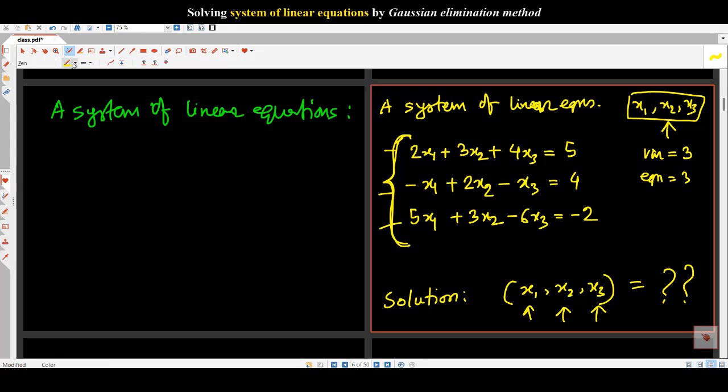You can see that here 2, 3, 4, minus 1, 2, minus 1, 5, 3, minus 6 are all the coefficients or constants attached with x1, x2, x3. These constants or coefficients can actually form a matrix.